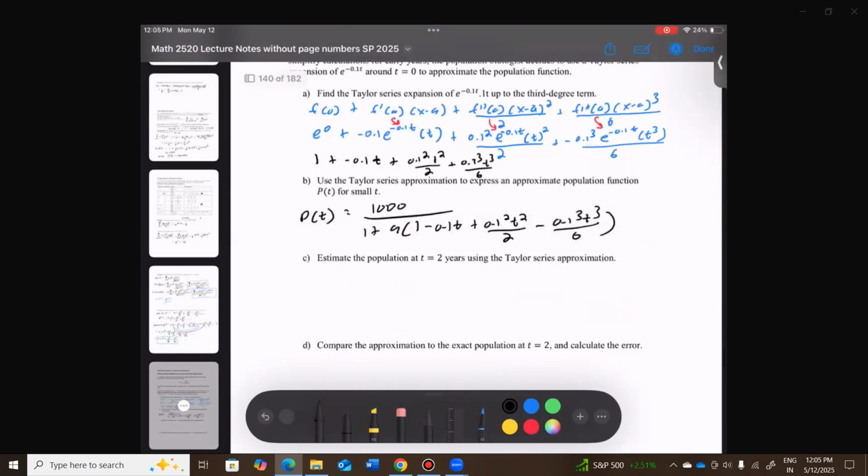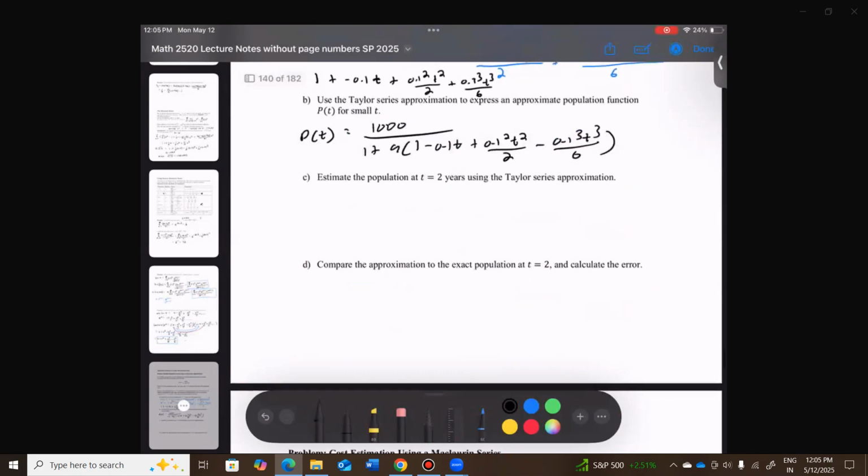Alright, so now the next question is we want to estimate the population at t equals 2. So we'll find P of 2. It's going to be 1000 over 1 plus 9 times 1 minus 0.1 times 2 plus 0.1 squared times 2 squared over 2 minus 0.1 cubed times 2 cubed over 6.